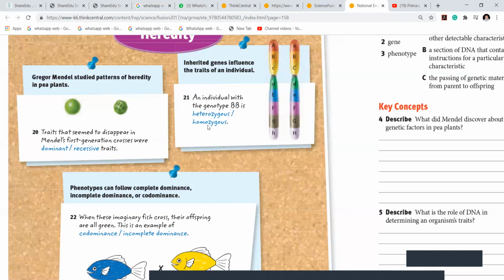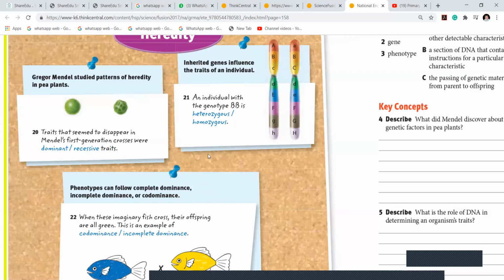Heterozygous. Girls, the word homo means same. How will you remember? The word M isn't same, right? So homo means same. So capital B and capital B, both are same capital letters, so it is called homozygous. Will you remember this way?